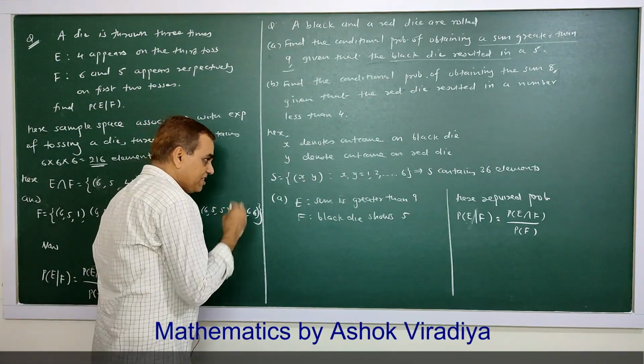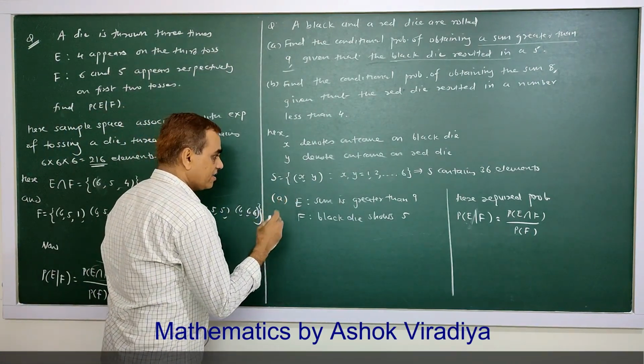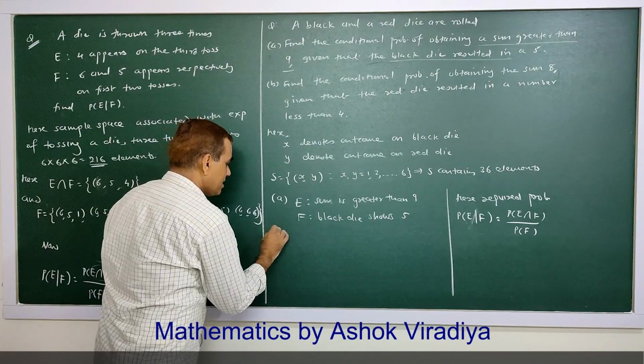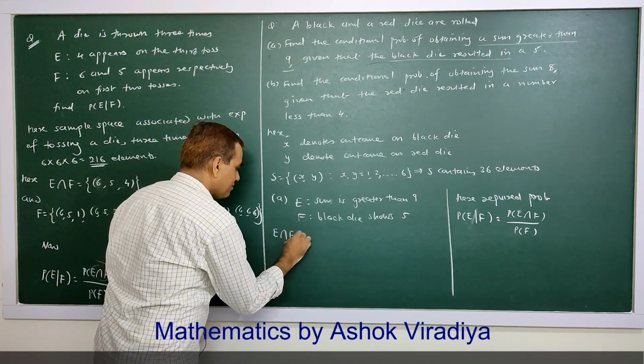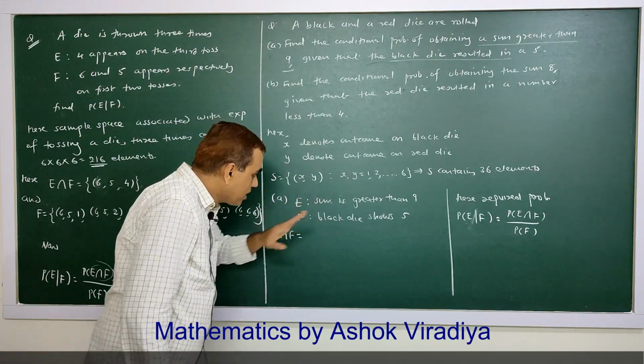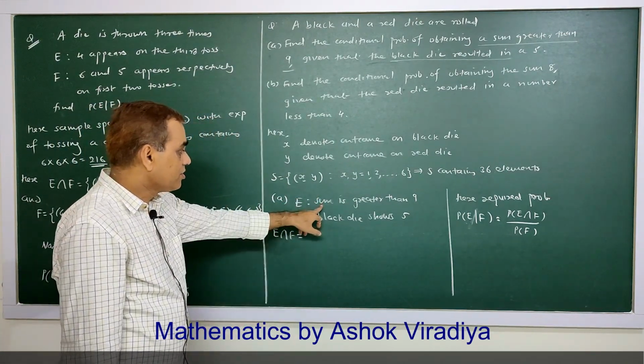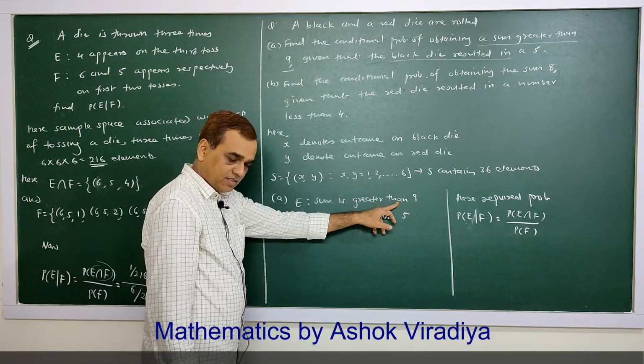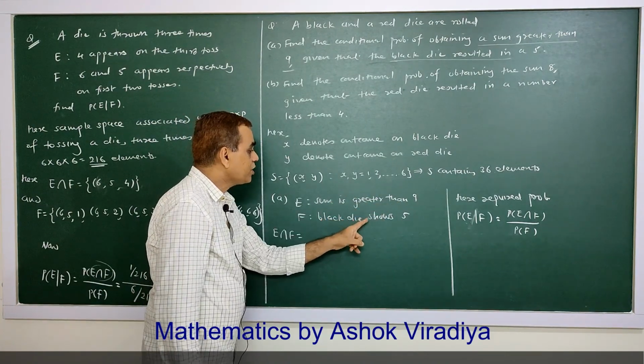E intersection F is required, that is, elements satisfying both conditions. Sum is greater than 9, and the black die shows 5.